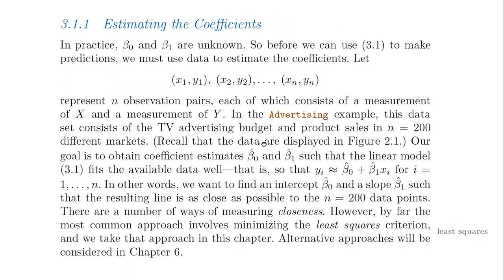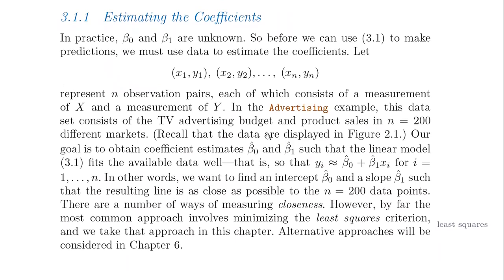Let's see. In practice, the true beta naught and beta 1 are unknown. So before we can use 3.1 to make predictions, we must use data to estimate the coefficients.